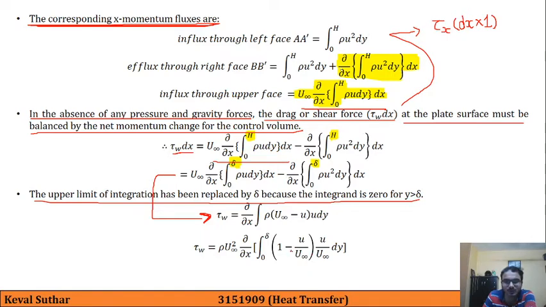So what we have done over here, see, if we write down the same formula over here, then tau is equal to rho into del over del x integral u infinity minus u into u dy.